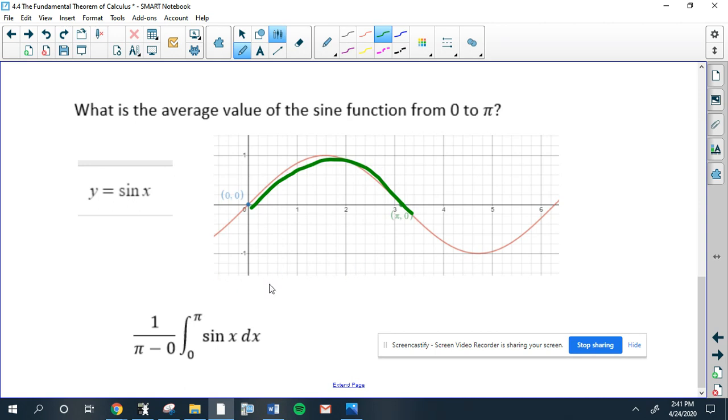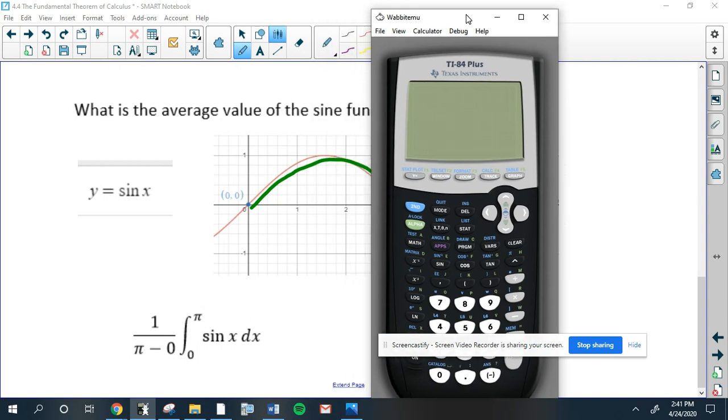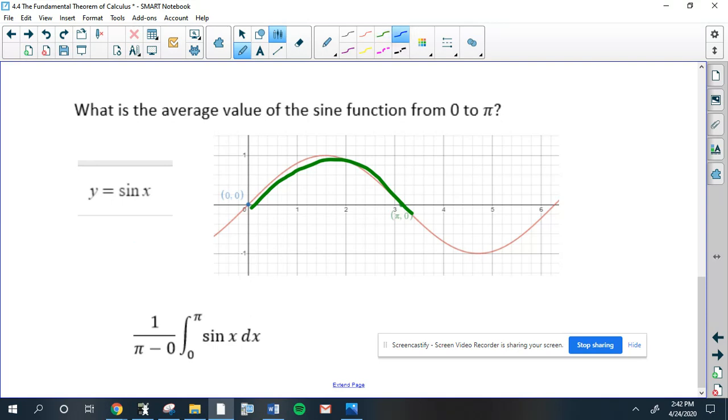So I'm going to take out my calculator here and type this in. So the average value, now A is 0, B is pi instead of 2 pi. So it's 1 over B minus A times the integral of sine from 0 to pi.